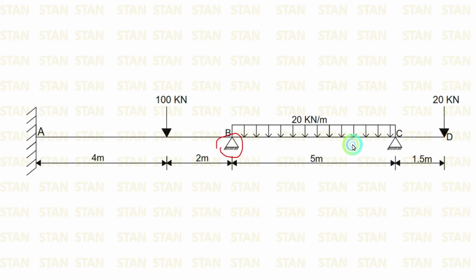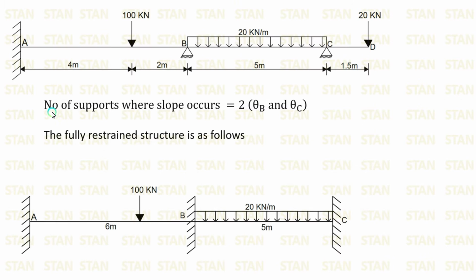In the point B and in the point C, we are having hinged supports. So, the number of supports where slope occurs is 2. In the point B, we are having theta B and in the point C, we are having theta C. So, in this problem, we are having two unknowns. If we calculate these two unknowns, we can find the final moments very easily.